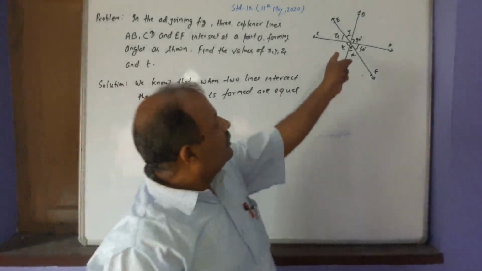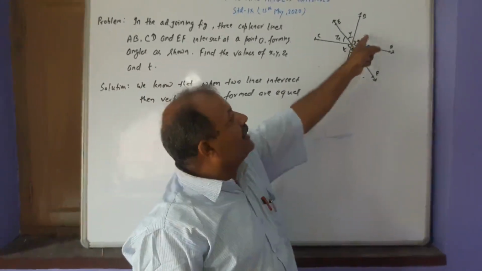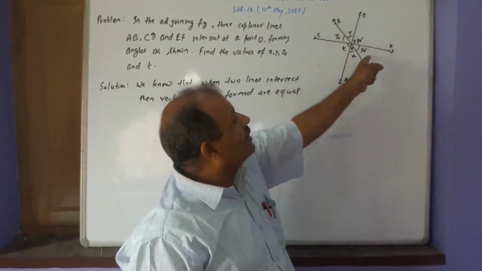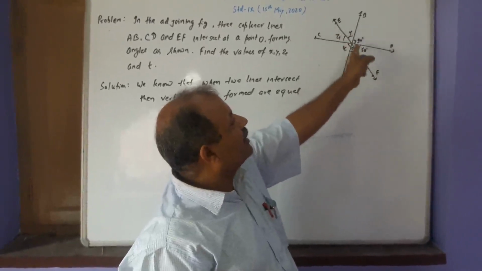Here T is equal to 90 degrees. These are vertically opposite angles. Z is equal to 50 degrees. These are vertically opposite angles.